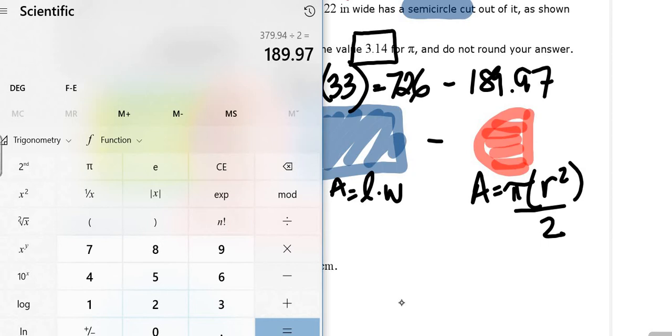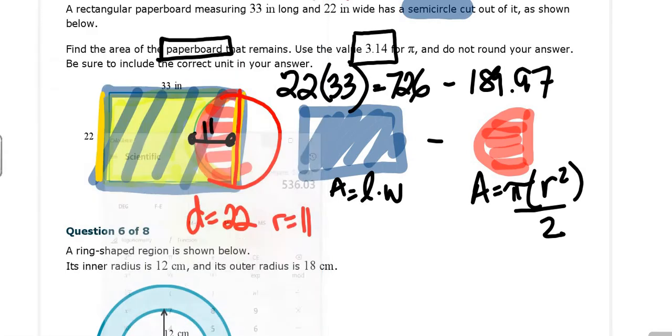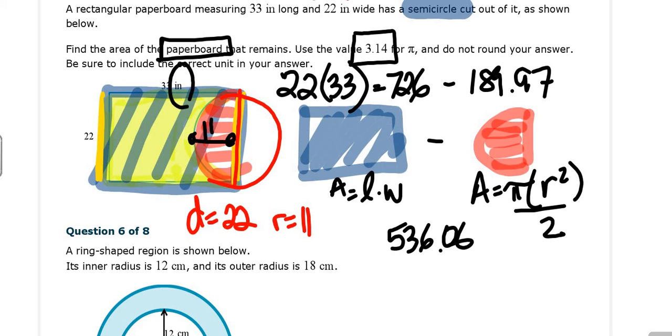So we take that away from 726. We get 536.03. And we're not told to round anywhere, so 536.03 inches squared.